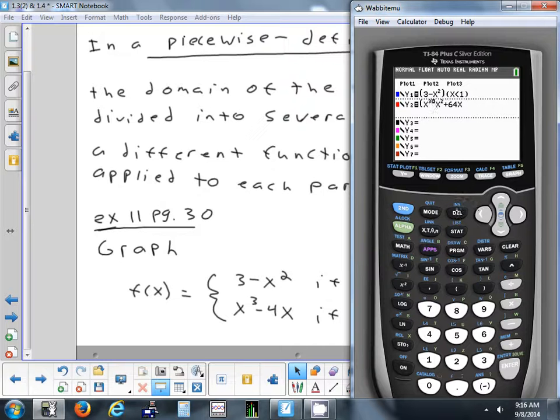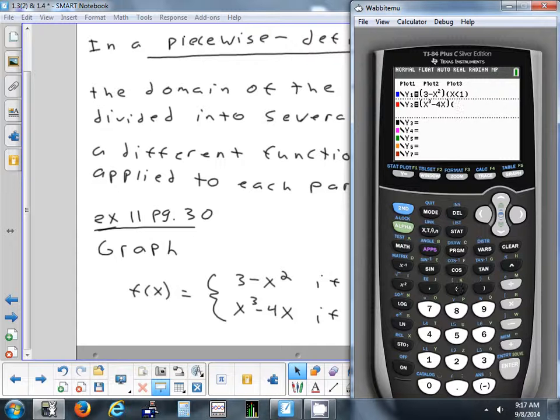And if you have this calculator, make sure you don't accidentally put everything in the exponent like I did. Should look more like that. Okay, and that's when x is greater than or equal to 1.